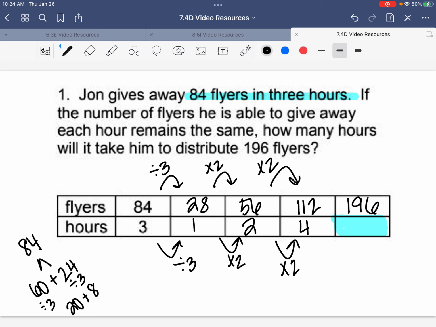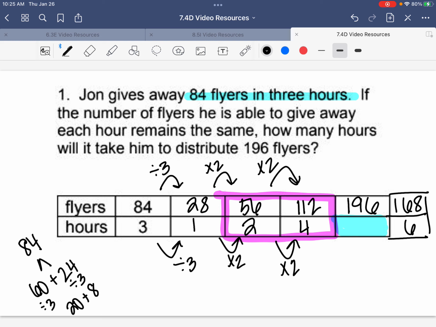And so I see that in 2 hours he can do 56 flyers, and in 4 hours he can do 112. So I can actually combine those and say, okay, in 6 hours he can do 168 flyers, which still is not enough, but it gets me closer.